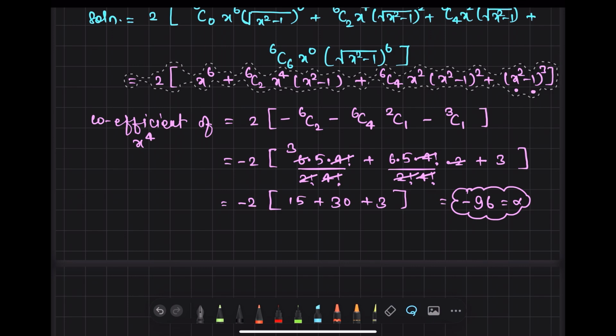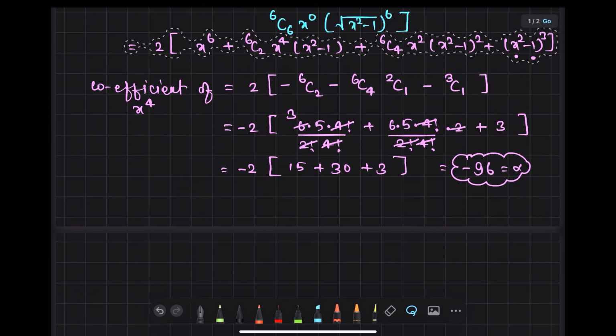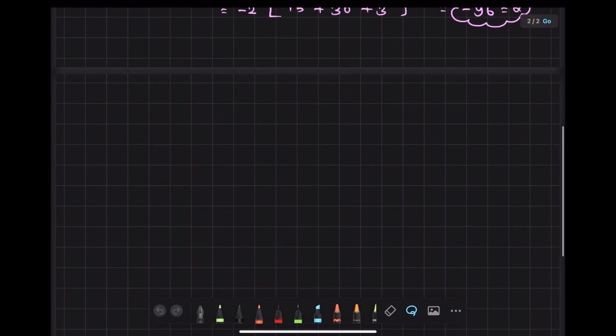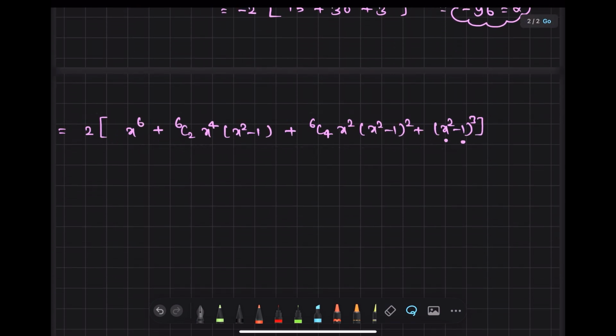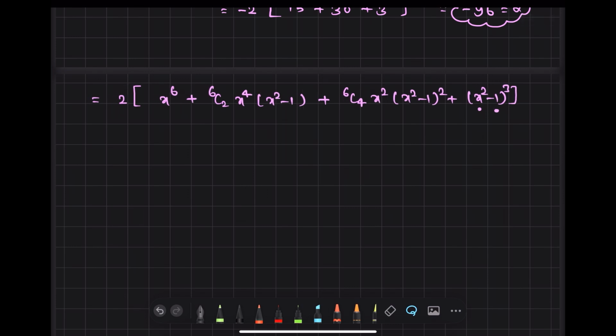Wait a little bit. Okay, so we have this, and we are interested in the coefficient of x power 2.